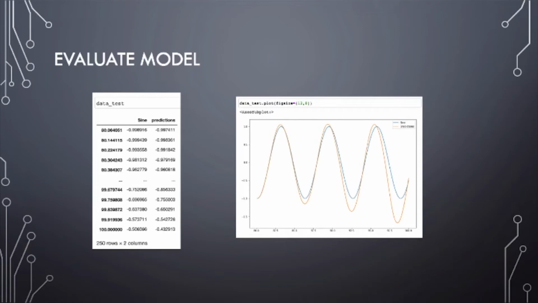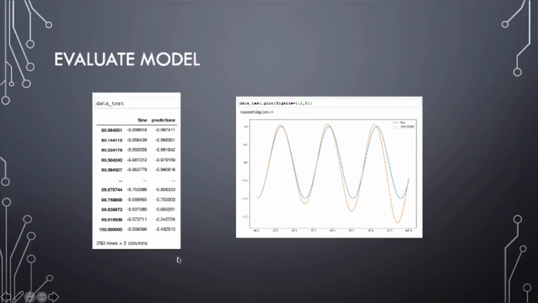That is a very close prediction and does very well. But if we look at the bottom, this value is 100. The sine was negative 0.506, but the prediction was negative 0.432. It's still pretty accurate, however, there is a little bit that's off. And to more accurately see that, we can plot it.